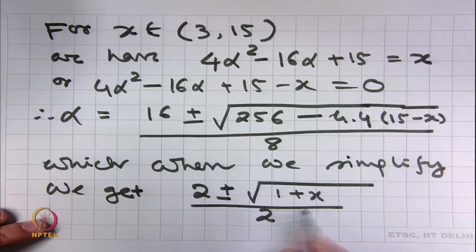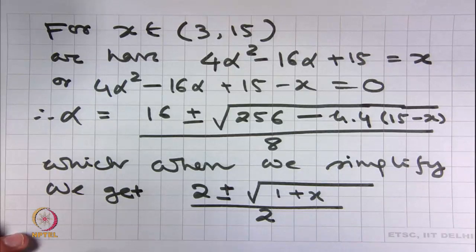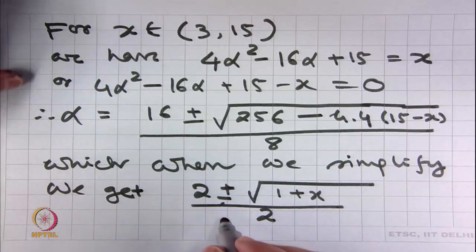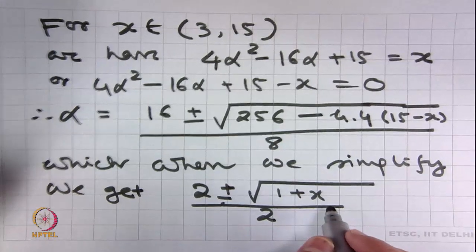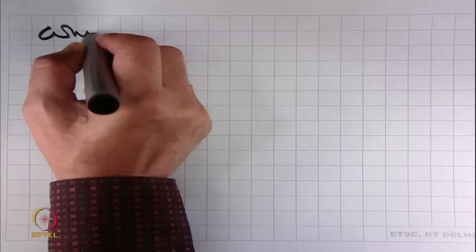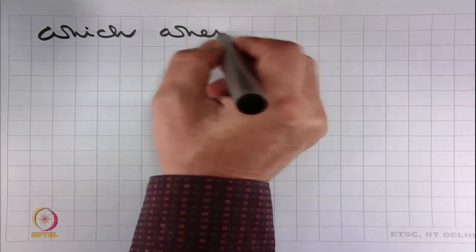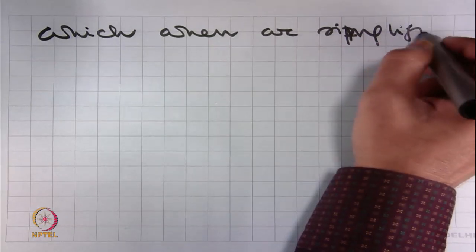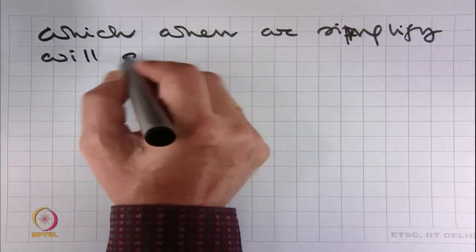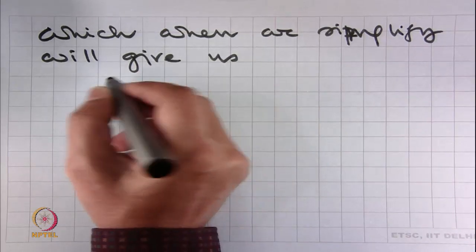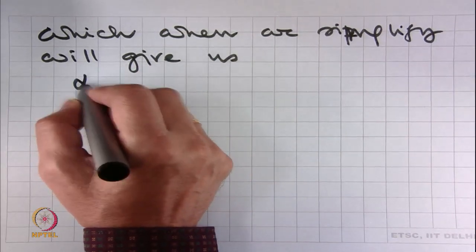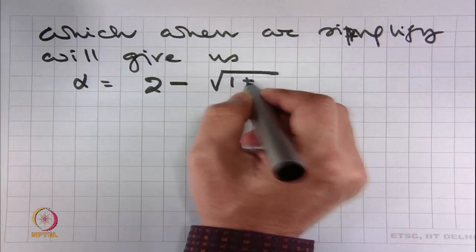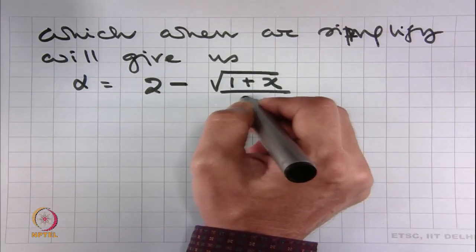We cannot take plus, because in that case it is going to be above 1. Therefore, we will look at 2 minus root over 1 plus x, which when we simplify will give us alpha is equal to 2 minus root over 1 plus x by 2.